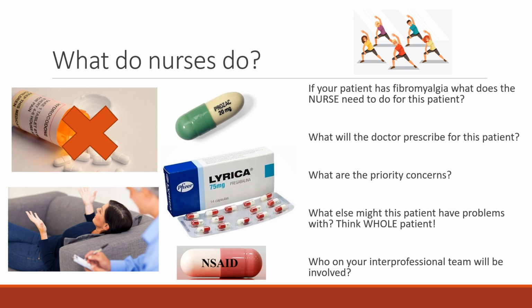So for non-pharmacological interventions, we need to teach the patient to think positively. Cognitive behavioral therapy is a fantastic way to help these patients. Aerobic exercise, getting them moving around, thinking about other things. Physical therapy is going to help them maintain their strength and function. And we need to educate them on this disease. We need to tell them, yes, we know you have this problem. This is your disease.